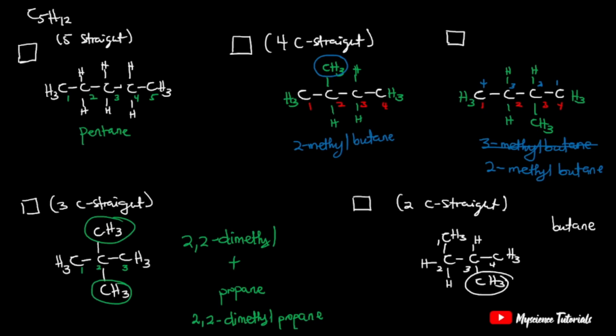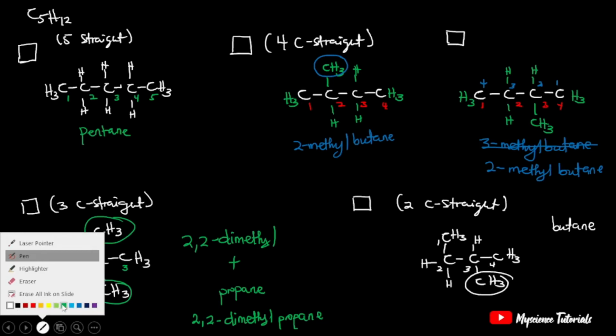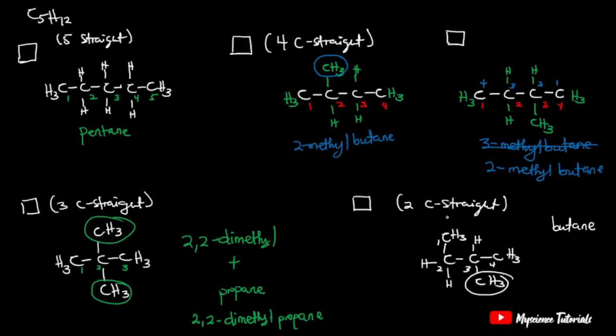The substituent is on 3, and if we want to name this compound by counting from over here, which is 1, 2, 3 and 4, we get to realize that this is on 2. This guy, if we are using the other direction, is on 3, so we give it the lowest locant, so it will be 2. So this compound will become 2-methylbutane, which is already what we have over here.